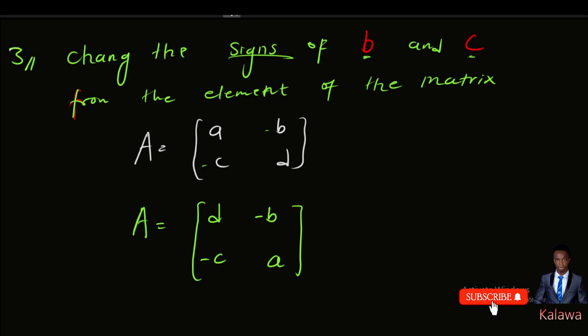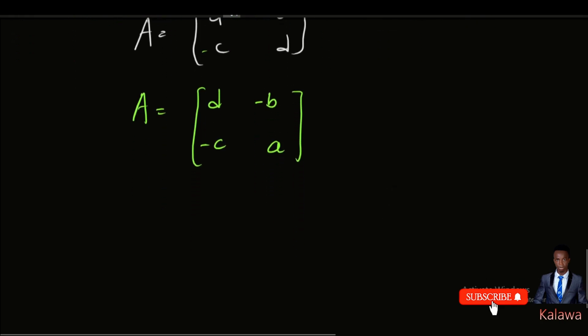Now the final step is saying that we should multiply this matrix by the cofactor, or we call it the adjoint matrix.